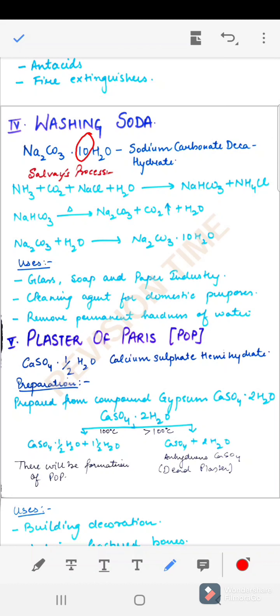Sodium carbonate decahydrate is also prepared through the Solvay process only. Till here we prepared earlier. If we add water to this sodium carbonate, then we will get washing soda. Washing soda is used in the glass industry, soap industry, paper industry. It is a domestic cleaning agent. It also removes the permanent hardness of water, right?